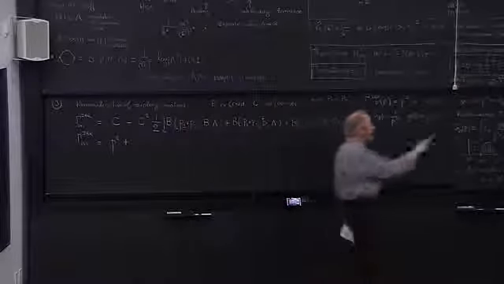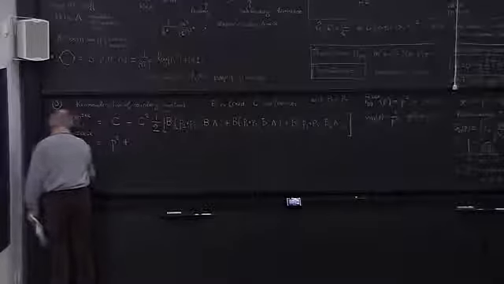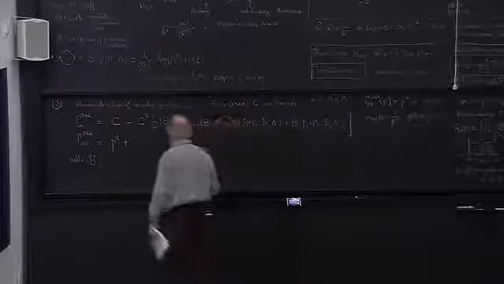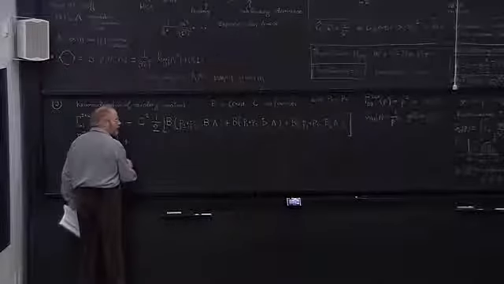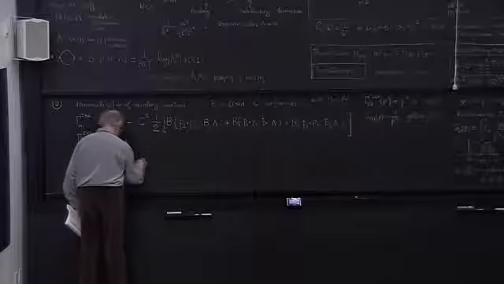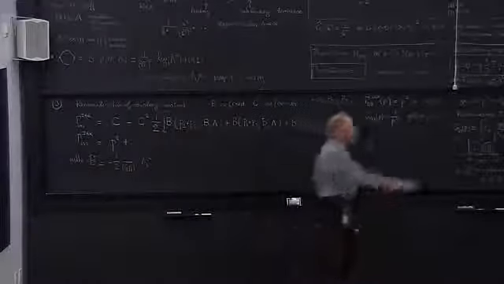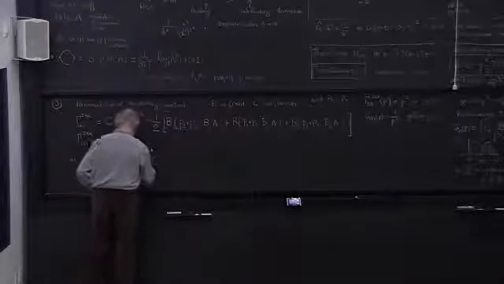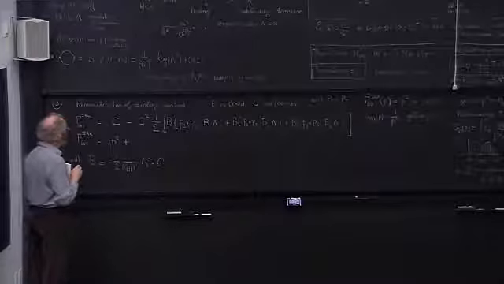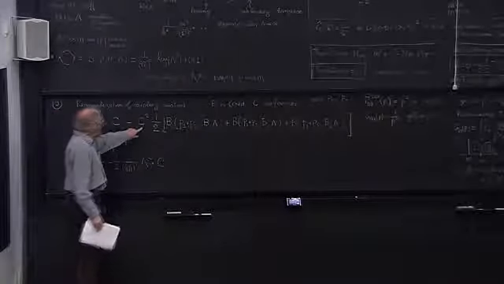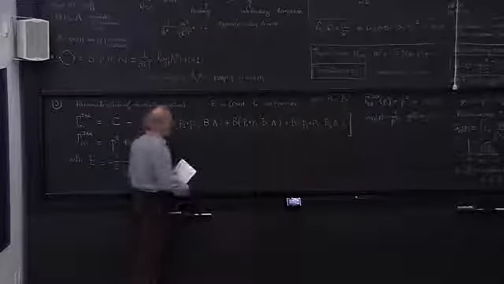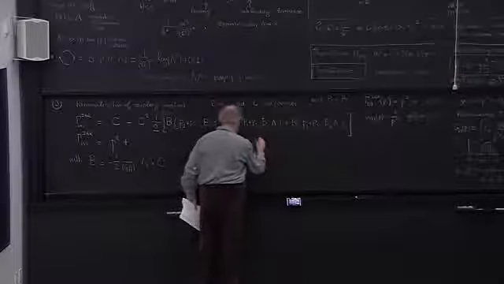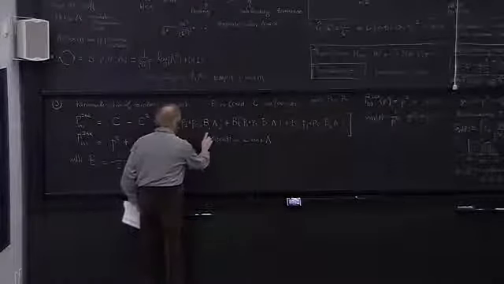And B is given by minus 1/2 times 1 over 4 pi squared lambda squared times my coupling constant, which is now C. So now this is an expansion in C, and B depends on C and lambda here.